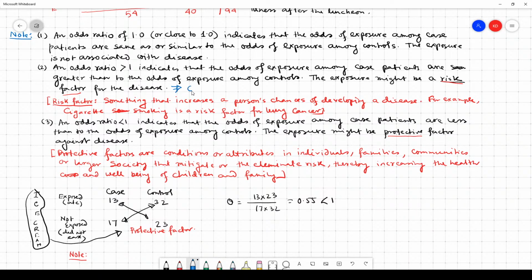An odds ratio greater than 1 indicates... actually, control group means... for this example I think it is better to explain via this example.